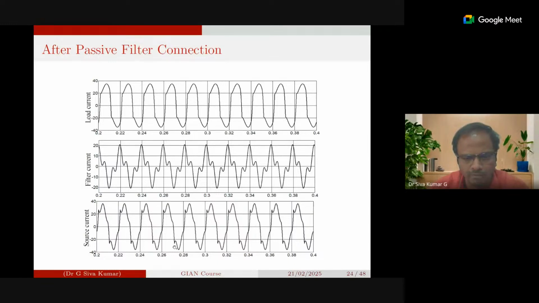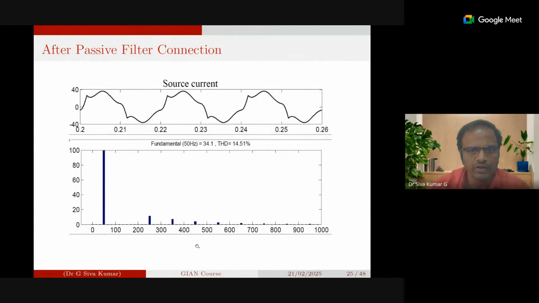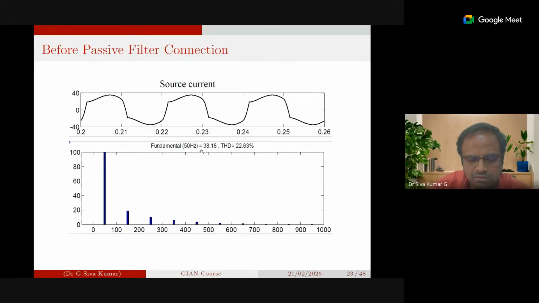When we do the harmonic analysis after the passive filter, we get a total harmonic distortion of around 14.51, and in the harmonic spectrum at the 150 order there is no magnitude. We have eliminated that harmonic component. The fundamental current is 34.1, whereas earlier it was 38.18.